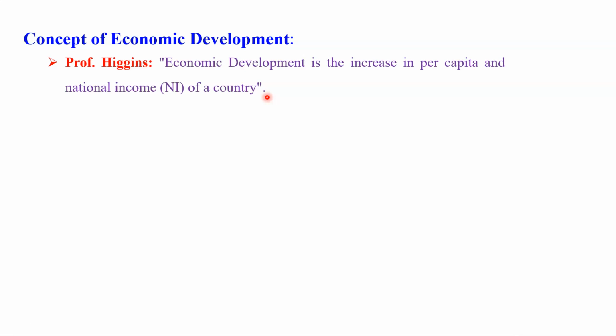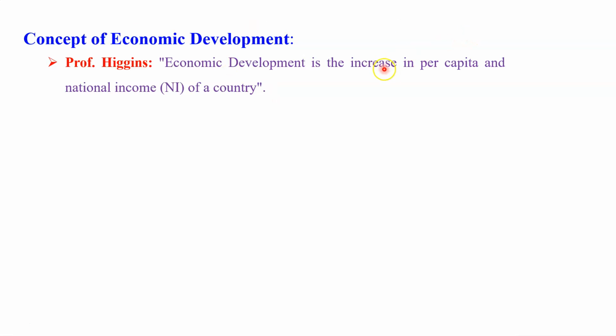When we measure these two things, using various criteria, we are able to detect what type of economic development is observed in that particular country. So these are two very important indicators. In this definition, Professor Higgins gives more emphasis to the indicators that we use for the level of economic development.